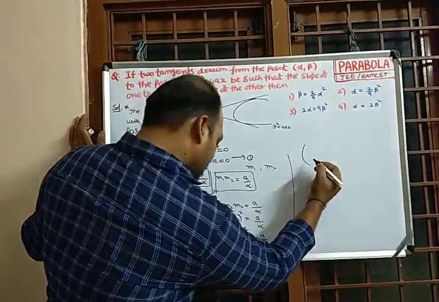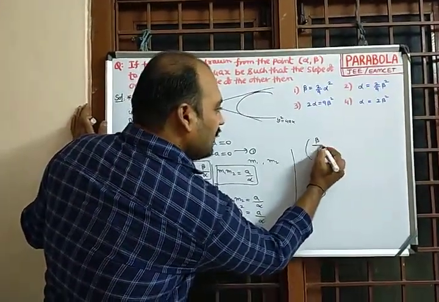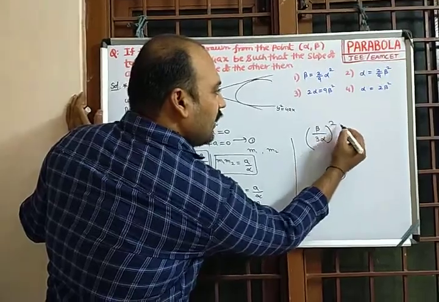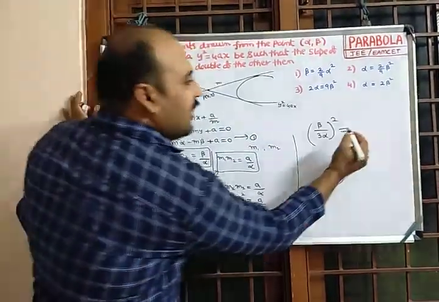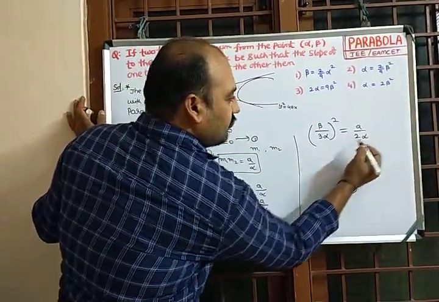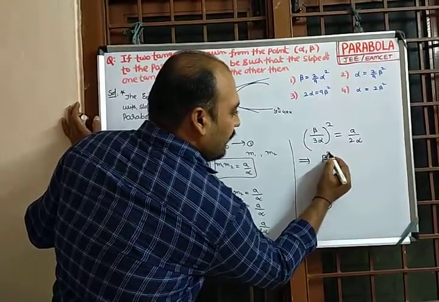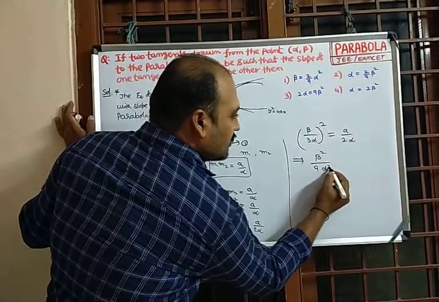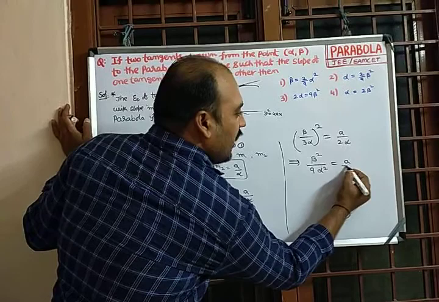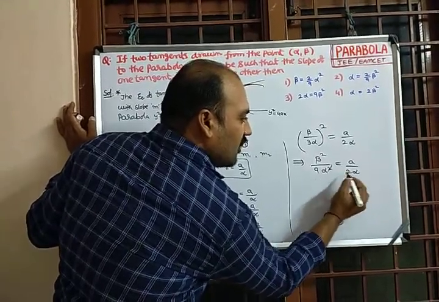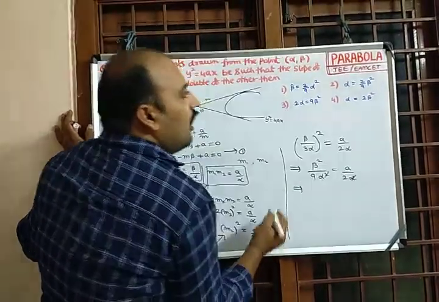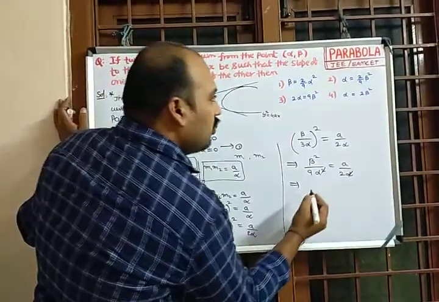So it becomes beta by 3 alpha whole square is equal to a by 2 alpha. That implies beta square by 9 alpha square is equal to a by 2 alpha. One of the alpha cancels.